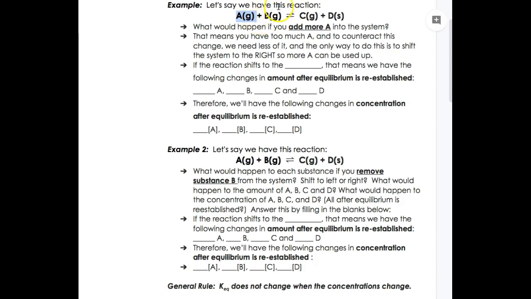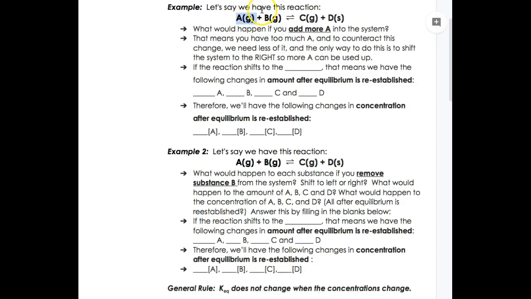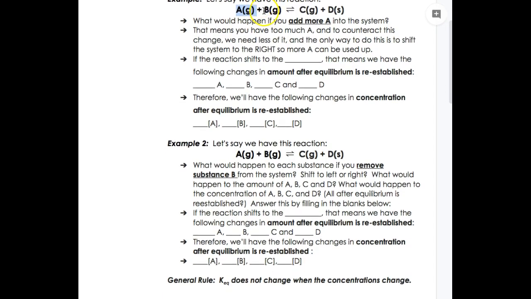That means whatever is on the left side needs to be reduced to counteract the addition of substance A. So if we add more A, then the system is going to want to get rid of some of it. And the only way to get rid of some of it is to go to the right.